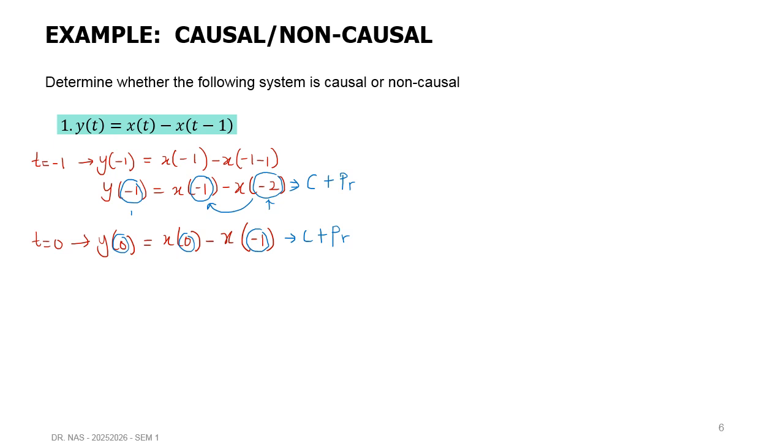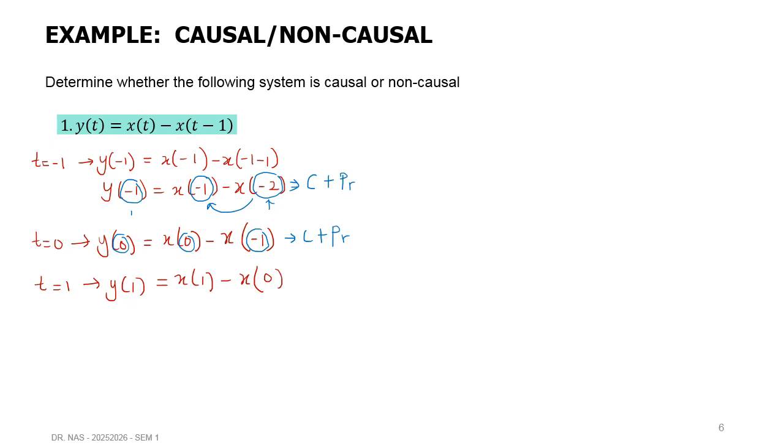Okay, let's try one positive value of t. When you have t equal to 1, you have y(1) = x(1) - x(1 - 1), you get x(0). Okay, let's compare the states.